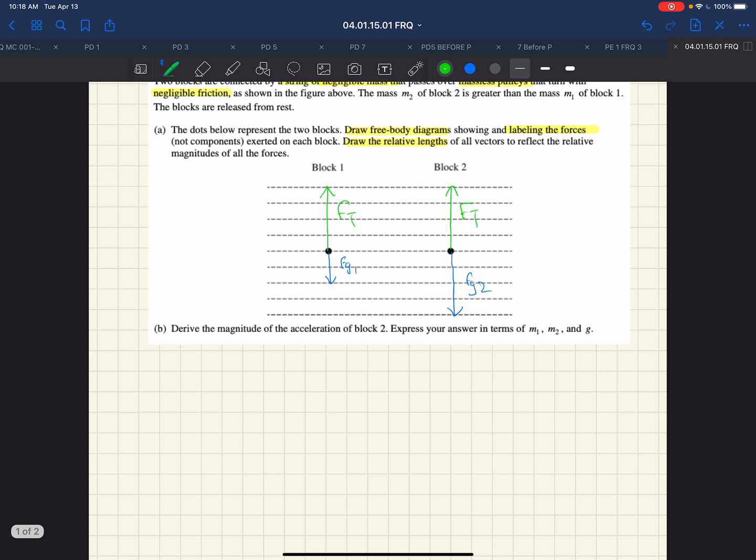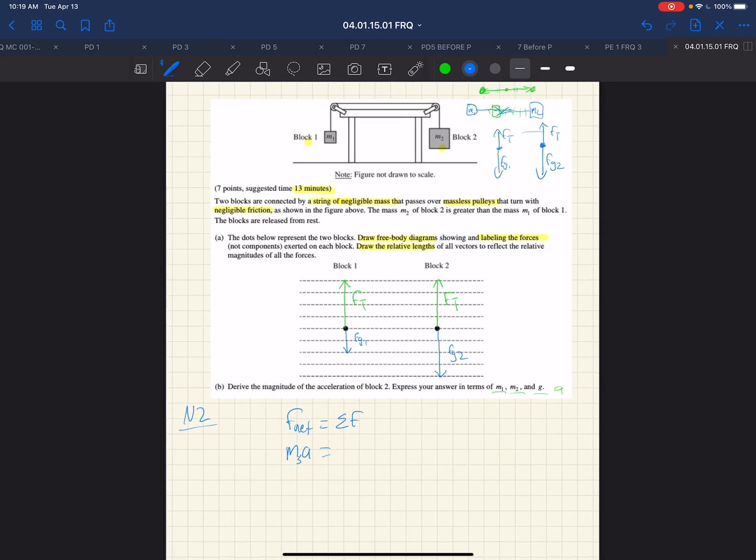Next, we're being asked to derive the magnitude of acceleration of block 2. We can only have M1, M2, G, and A, the acceleration. This is all about forces, and that, my friends, is Newton's second law. F net is the sum of the forces. F net is MA, and this is the mass of the system. Then the question is, what are the different forces?